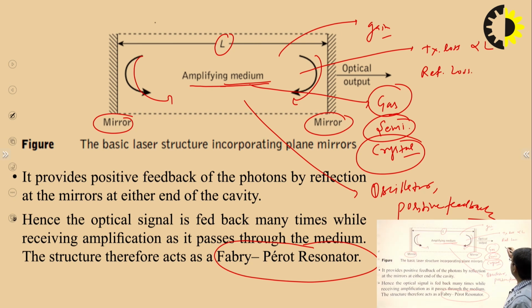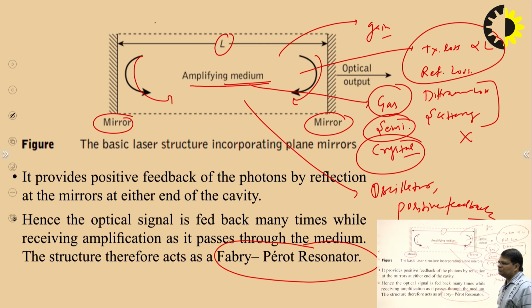There will also be diffraction losses and scattering losses. However, these diffraction and scattering losses are generally negligible. So mainly inside the cavity there will be transmission loss and reflection losses.